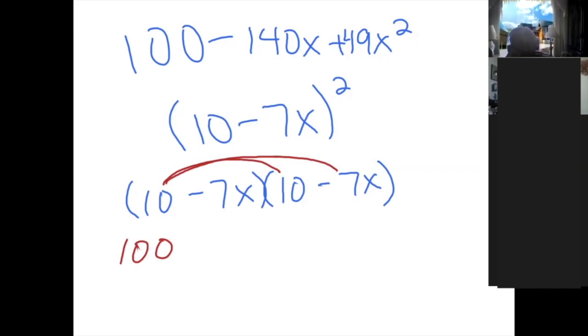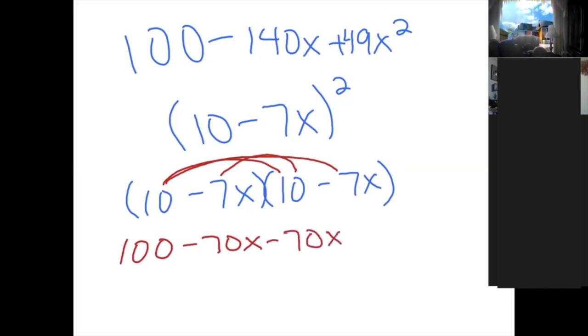70. What kind of 70? Negative. Negative 70x, because that's a negative 7. And then negative 7 times 10 is what? Negative 7x times 10. Negative 70x.